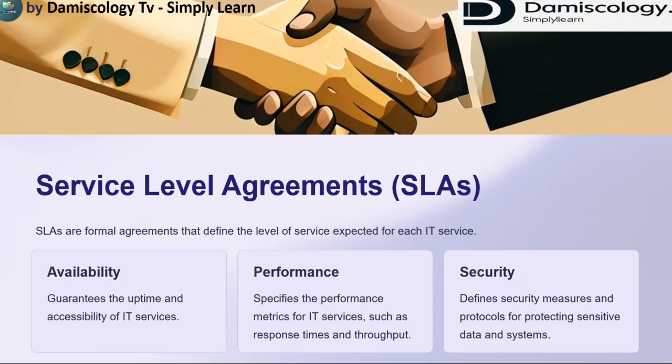The response time for every access by that customer is so slow. You are trying to load a particular application and it's taking you hours to come up. So that is a form of service level agreement breach between the customer and the service provider in terms of performance.